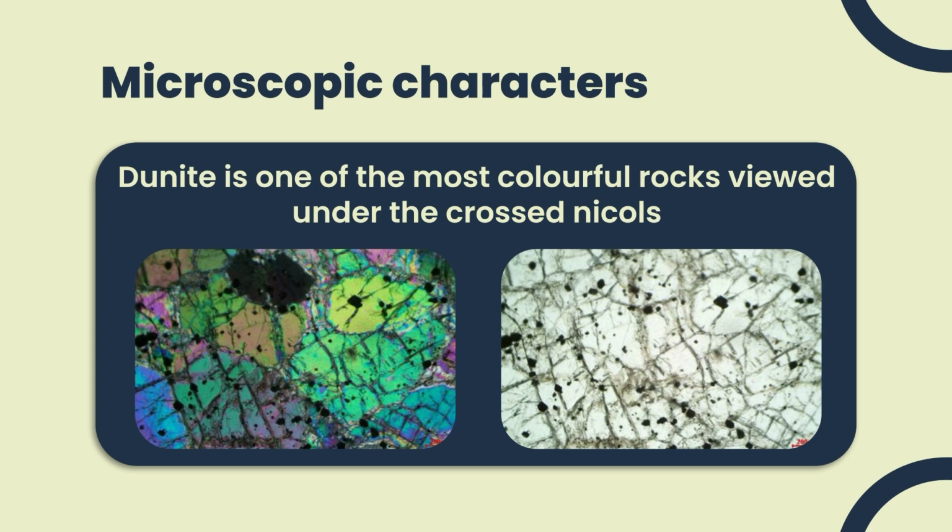On the other figure, which is the colored one, you can see dunite. Both the photomicrographs show the same field of view. One is showing plain polarized light and the other is showing crossed nicols. In the crossed nicols figure, you can see olivine is highly fractured and the grains are mostly equant.